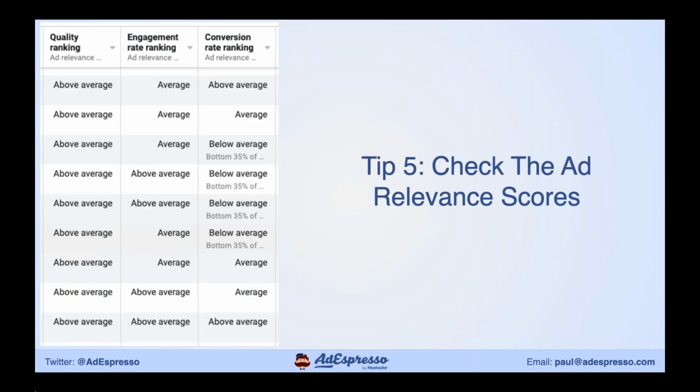Then moving on to this checklist. I think we covered this earlier. You can check your relevance scores. If your campaign's underperforming, just look where it is. Is it at the quality level? Just don't people like your ad? Are they not engaging with it, or are they engaging but not converting?